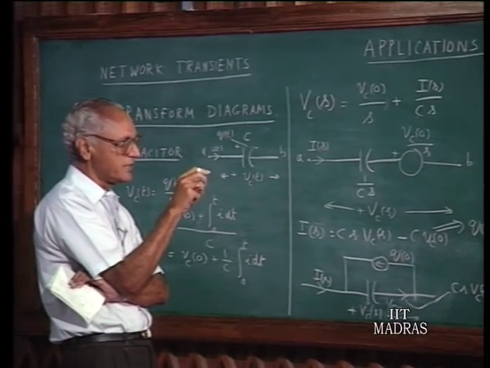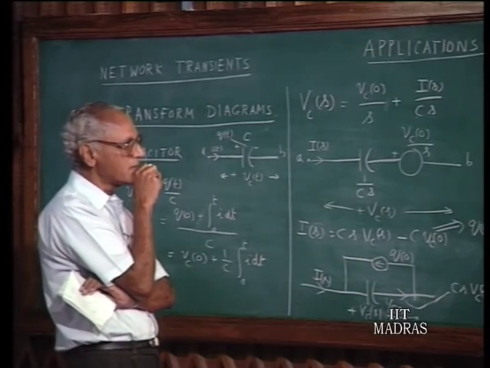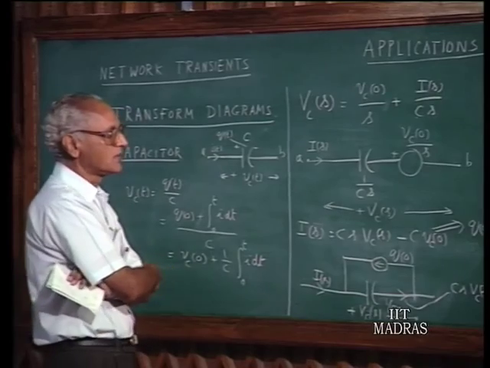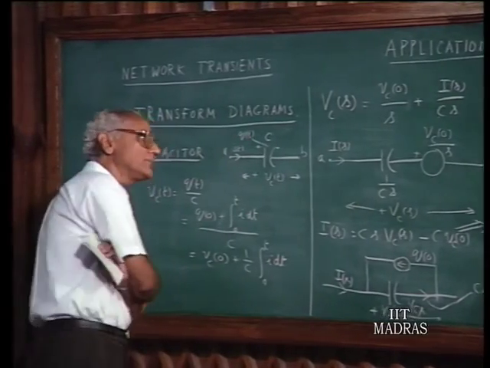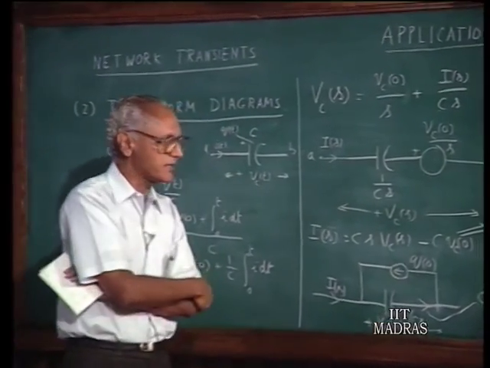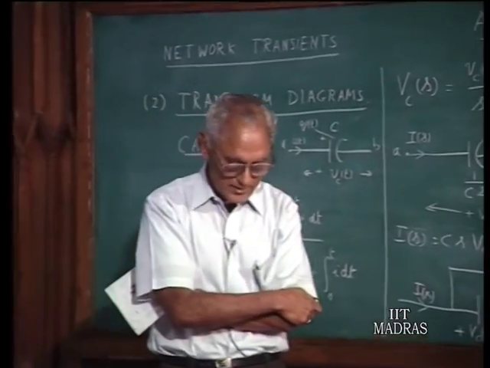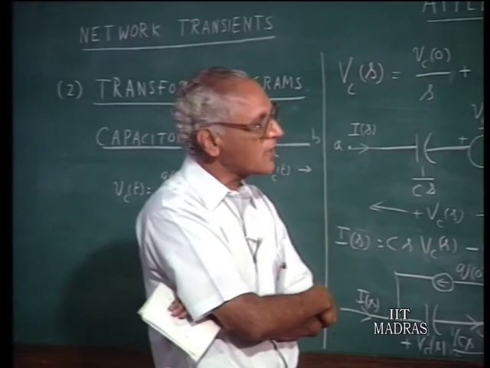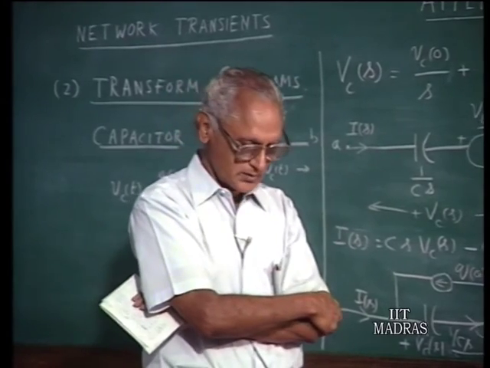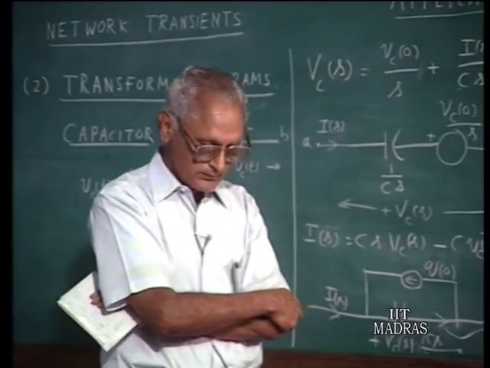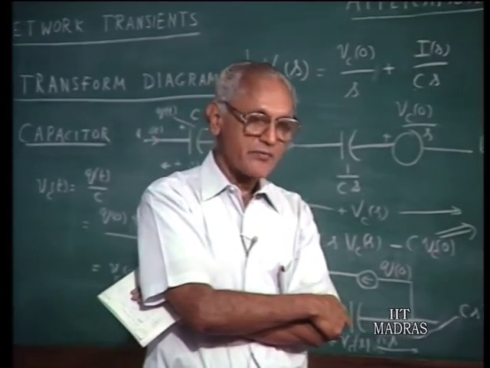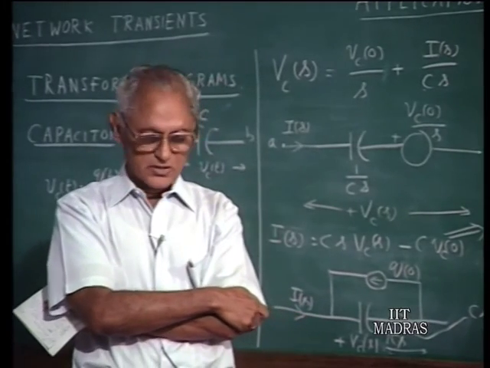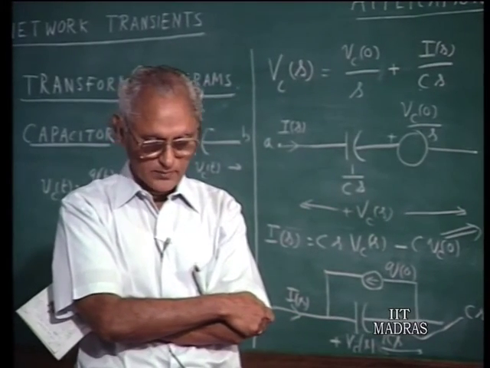Initial conditions are the reactive elements which are equivalent to sources. On the other hand, we can say that if the capacitor has an initial charge and the inductor has an initial current, they can be replaced by equivalent sources, and therefore, afterwards, in the circuit analysis problem, the effect of excitations or sources on an otherwise unenergized circuit is what we are looking for.